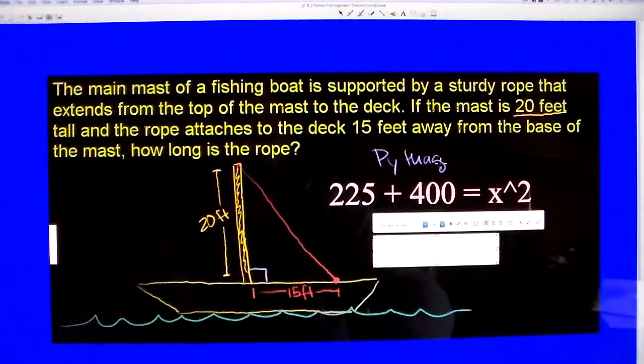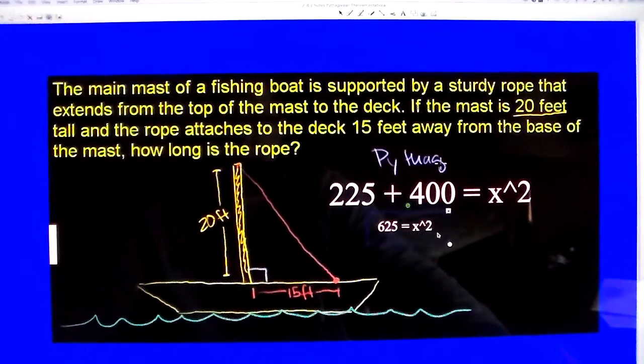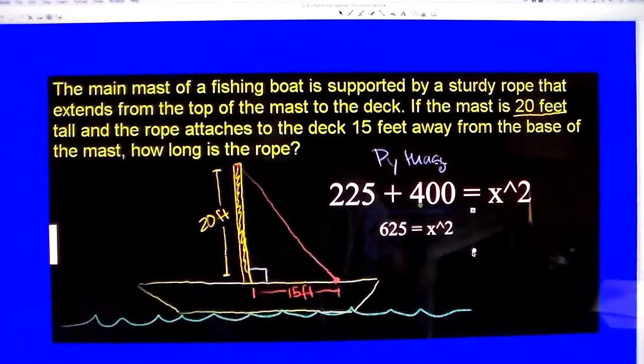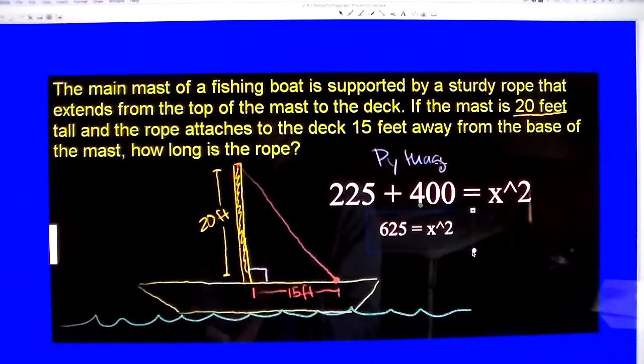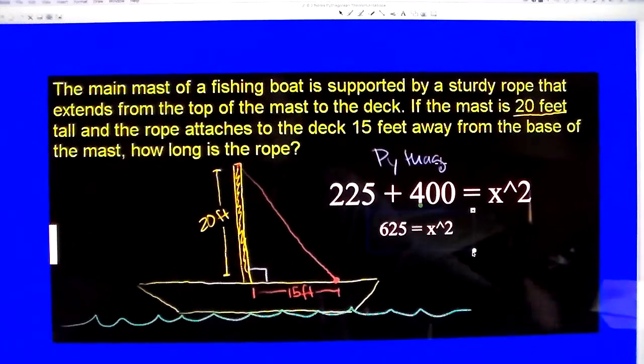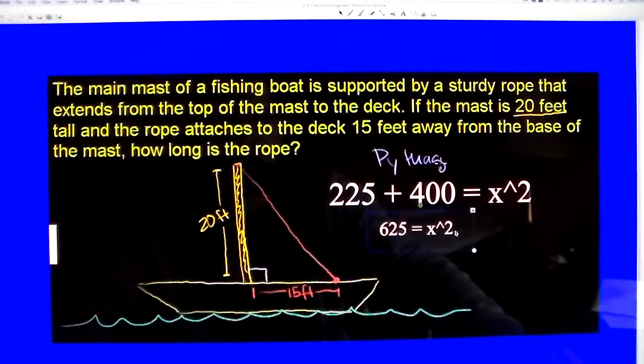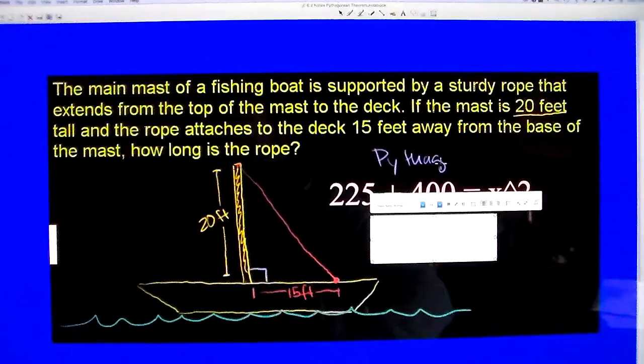So x squared equals 625. Take the square root of both sides. The square root of 625 is... oh, sorry, it is 25. Very good. So x equals 25.